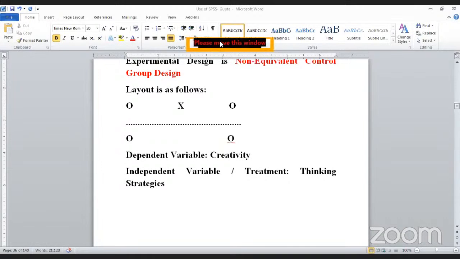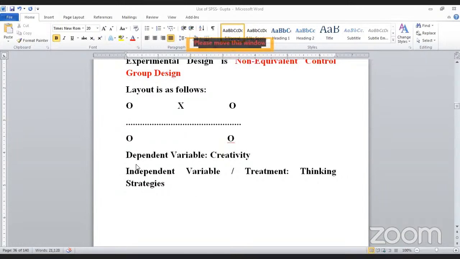No, absolutely no. Even in experimental studies, you can use ANOVA, but in that case, you have to have the change score. That also I will tell you if there is time, nothing to worry about.